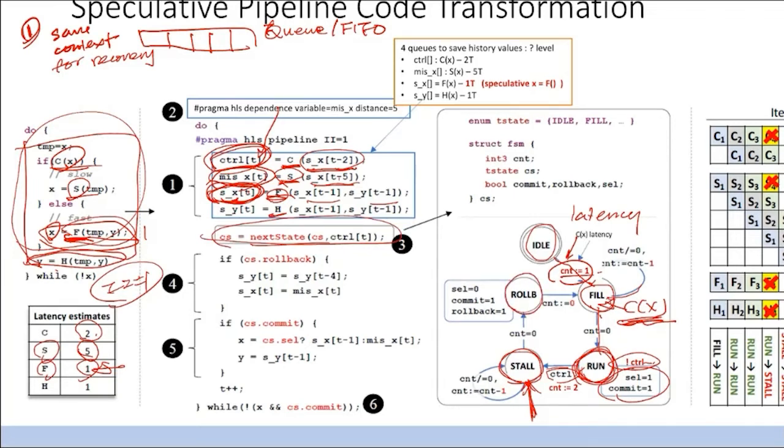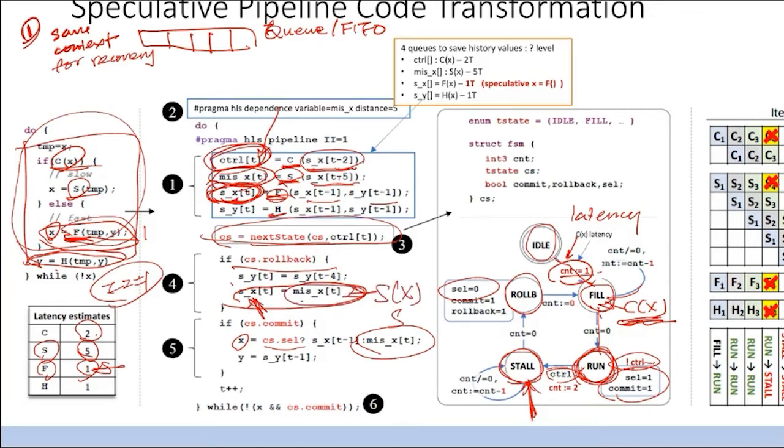When you do the rollback, you select the value from the S function, write it to X, and get a rollback. In rollback, you have to change the X value, remembering the miss is from the S function.